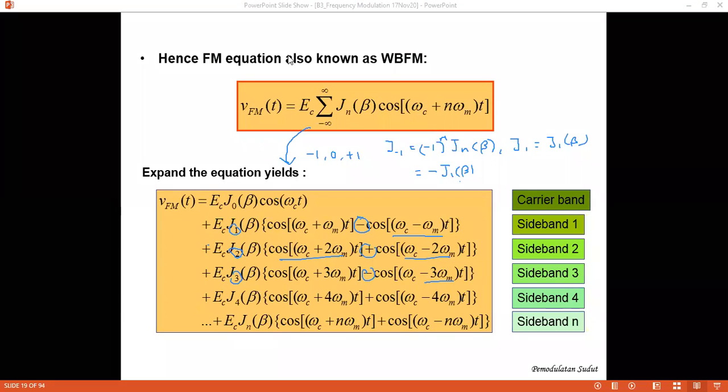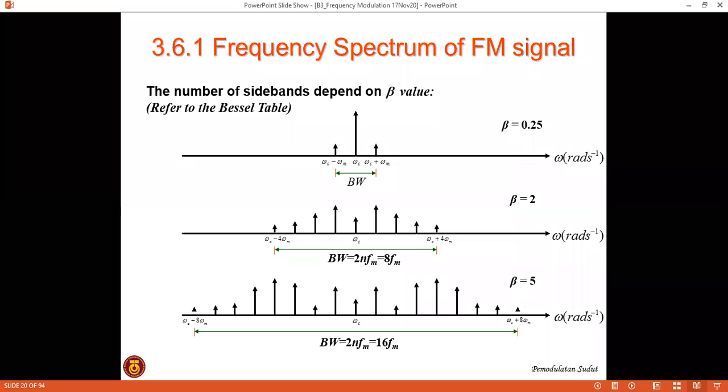Let's look at the next slide. In terms of the spectrum of an FM signal, we have to know the number of sidebands, and the number of sidebands depends on the modulation index beta.